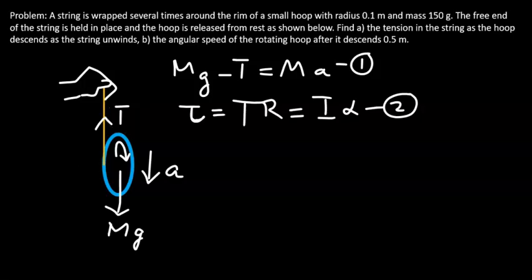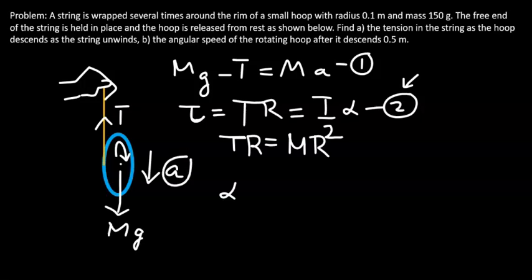Now let's elaborate a little on equation number 2. So tension times the radius of the hoop equals the moment of inertia of this hoop about its center, which is given by the mass of the hoop times the radius squared, times alpha, the angular acceleration of the hoop, which can be expressed in terms of the tangential acceleration of the hoop in the following manner.